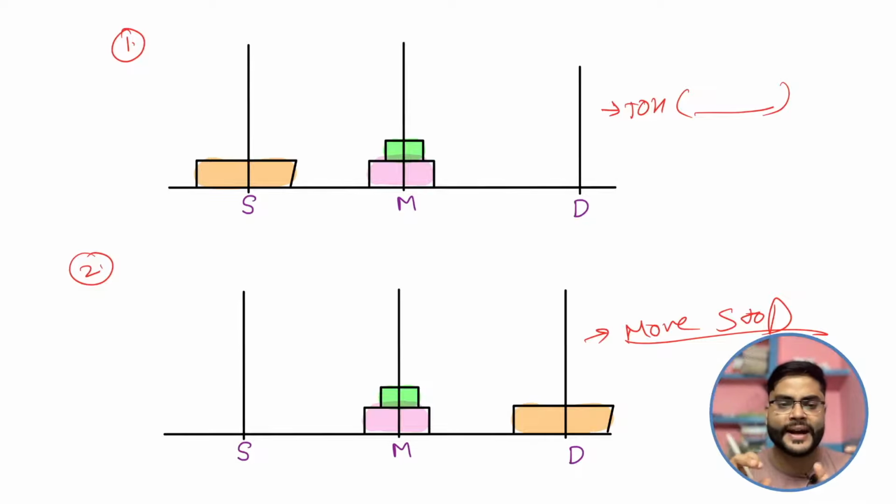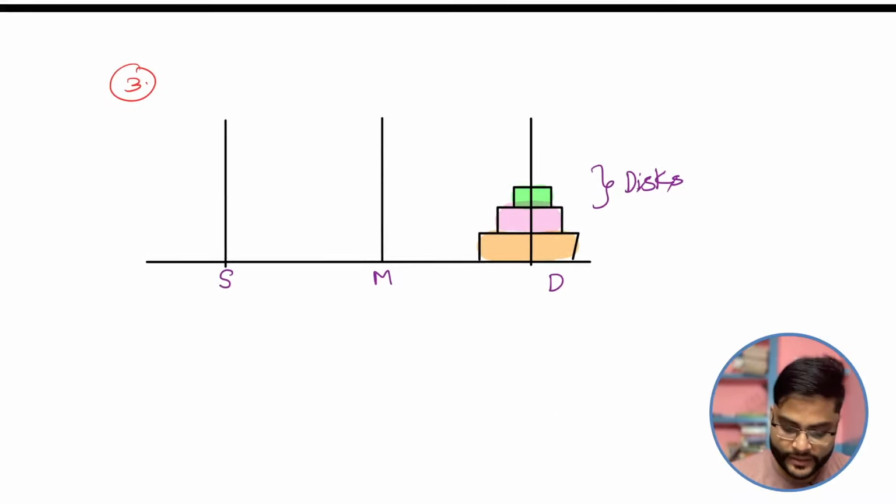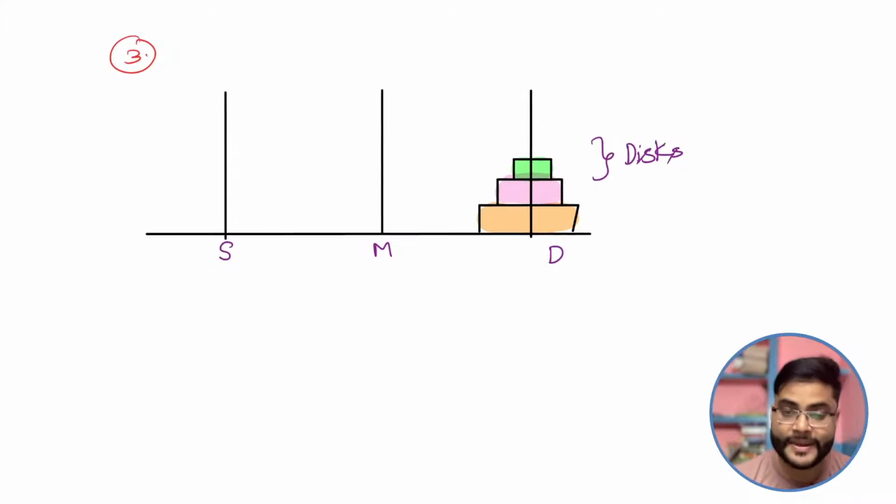In the second step, I will move my one disk from source to destination. And in the third step, I will move the rest of the disks from middle to destination. I will move my n-1 disks to destination from middle. So this is my third step.